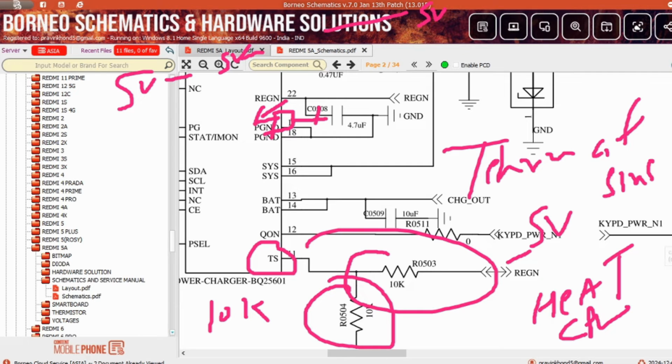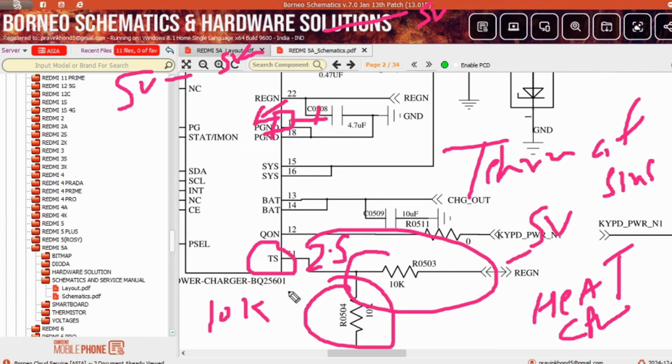Now according to the divider circuit formula, when two resistances R1 and R2 have the same value, the input voltage gets halved. On this line, at pin number 11, you will get 2.5 volt. Clear?